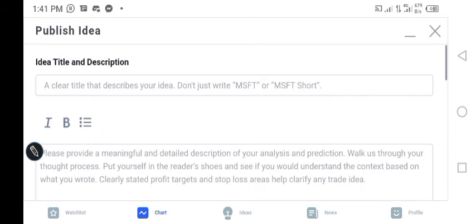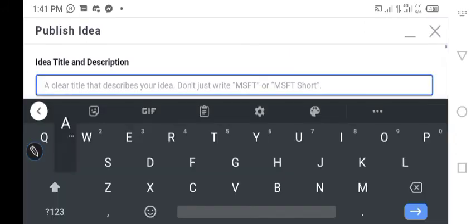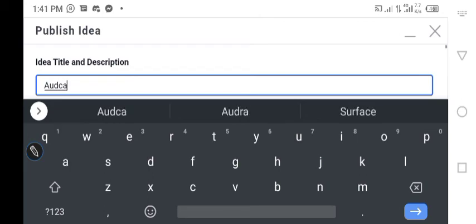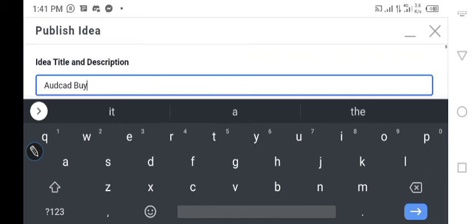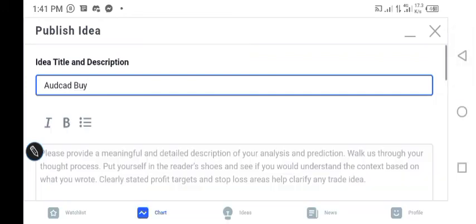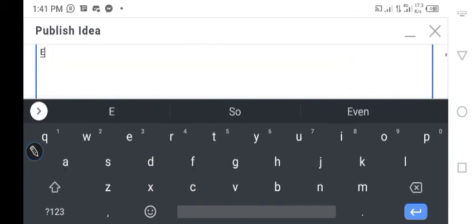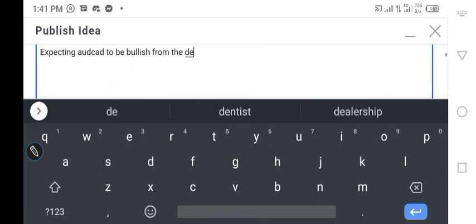So I will show you an update. We are expecting AUDCAD to be bullish from the demand level.